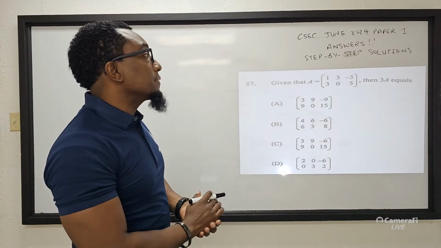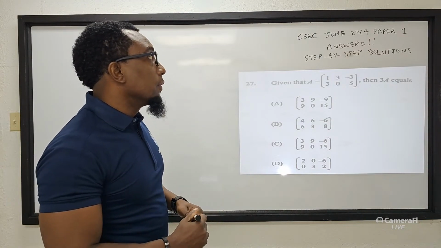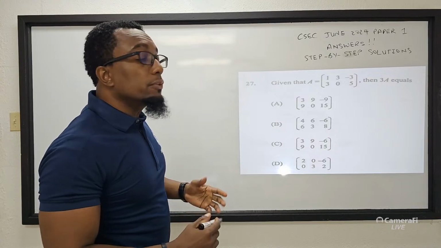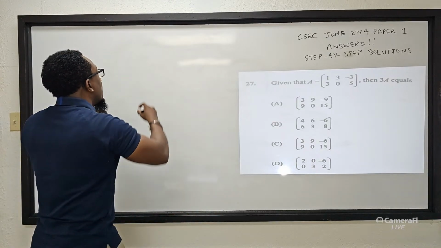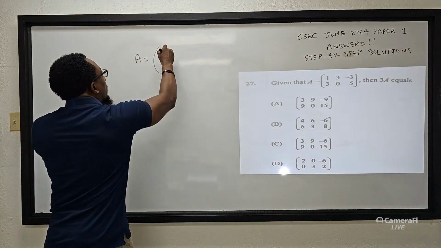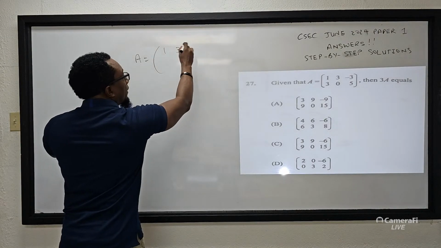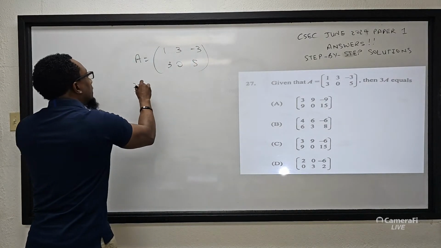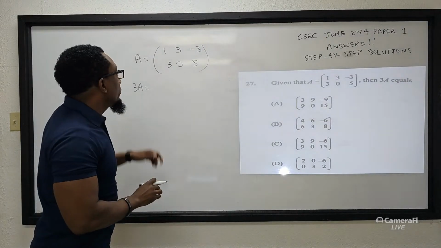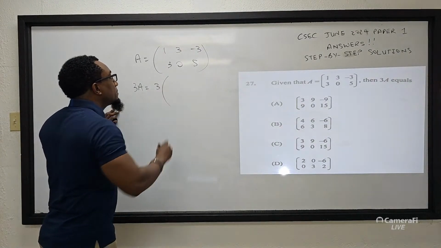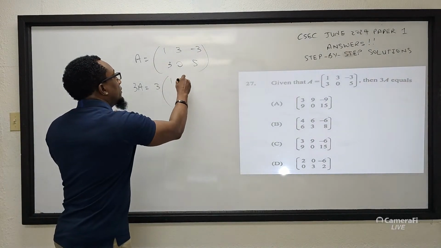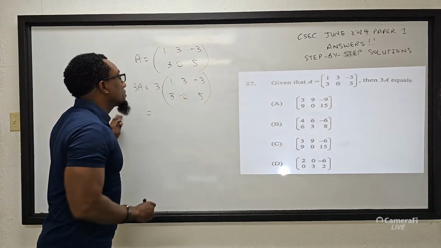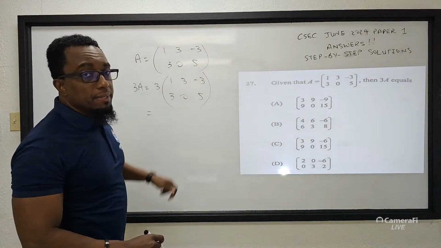Given the matrix A, we have the elements shown: 1, 3, negative 3, 3, 0, 5. Then 3A, what is that equal to? So we have the matrix A, 1, 3, negative 3, 3, 0, 5. We want to find 3A. So that's 3 times the matrix A. You're going to simply multiply 3 by each of the elements within.